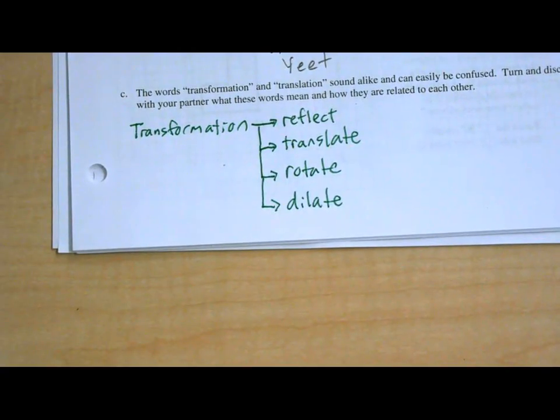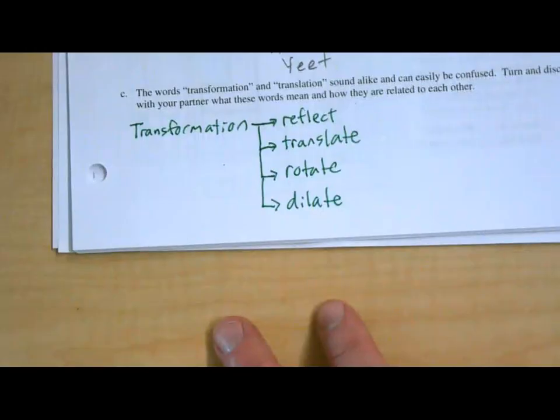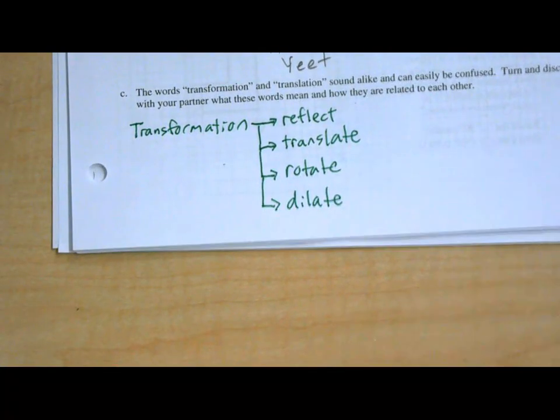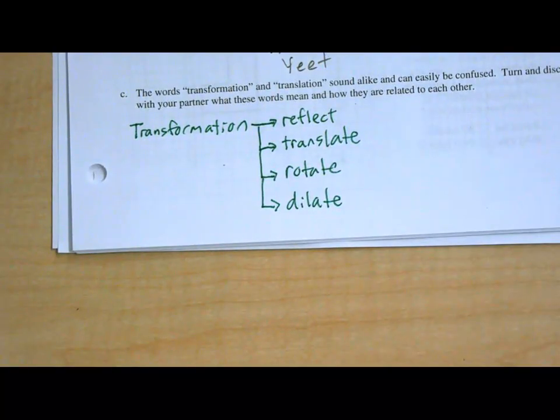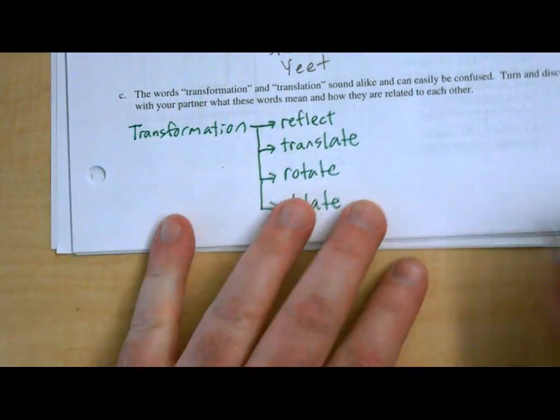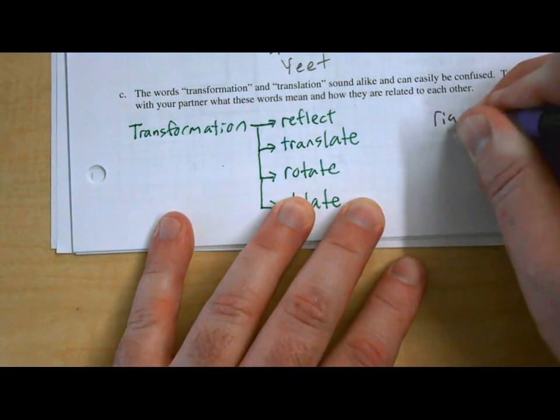Now, if you think about the word rigid transformations, what does that word make you think of? Doesn't change shape, because if something's rigid, it's not gonna bend or stretch or anything like that. It's gonna be rigid. So yes, the shape stays the same, and what else stays the same? The size stays the same. And those are the 2 key things for rigid transformations. I'm going to write this off to the side.